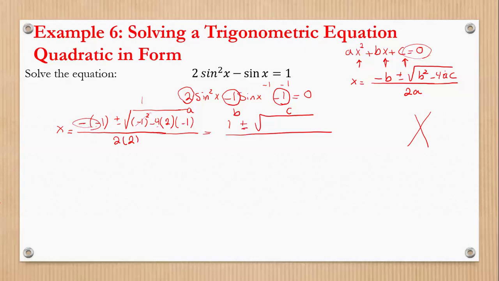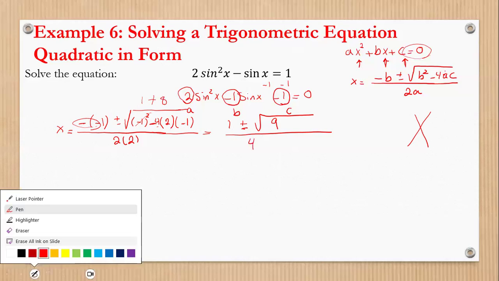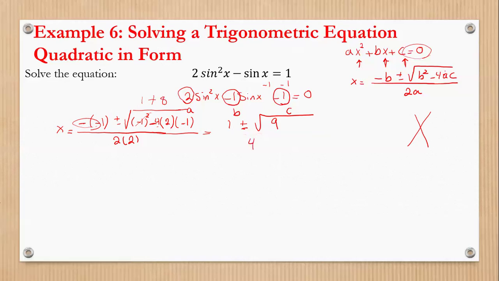Negative times negative is positive. 4 times 2 times 1 is 8. And 1 plus 8 is just 9. Divided by 2 times 2, which is 4. And the square root of 9 is 3. So we have 1 plus or minus 3 over 4.